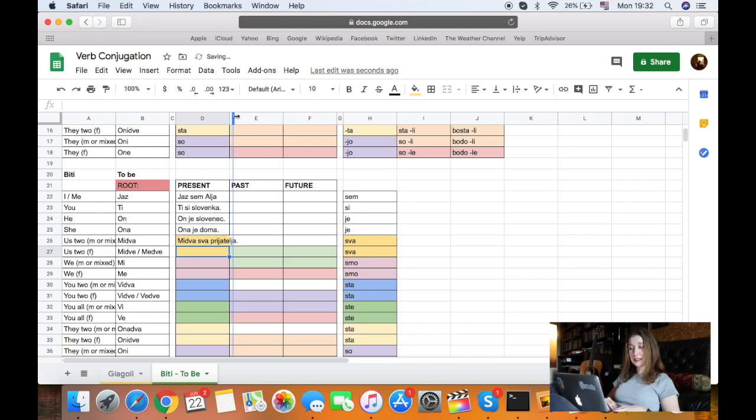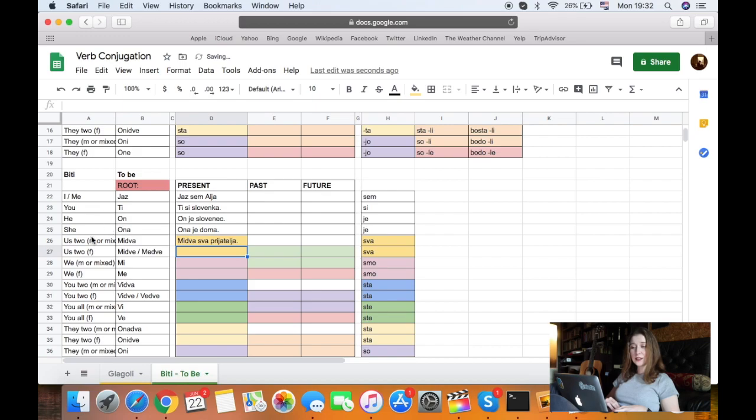And here again, midva is us two, so two people when it's either two guys or a guy and a girl. This is when we would use midva. And then we have midve when it's only two girls, so we can say midve sva prijateljici. Prijateljica is a female friend, and dve prijateljici is two female friends.